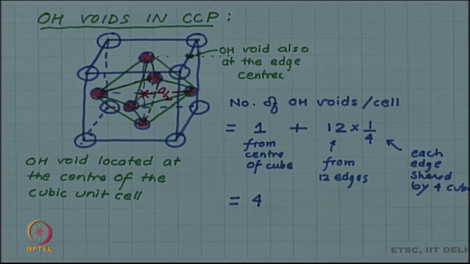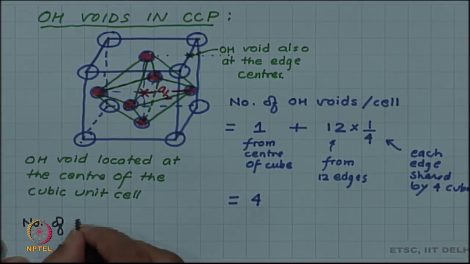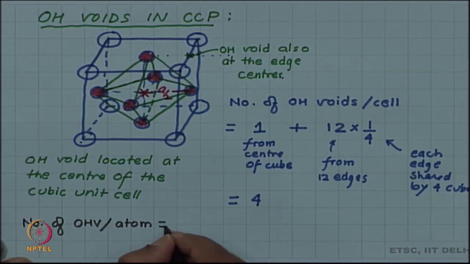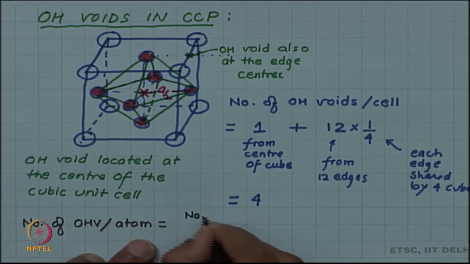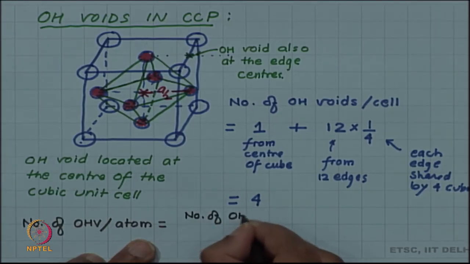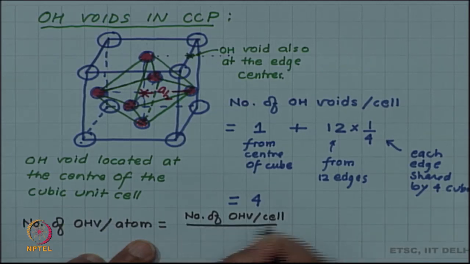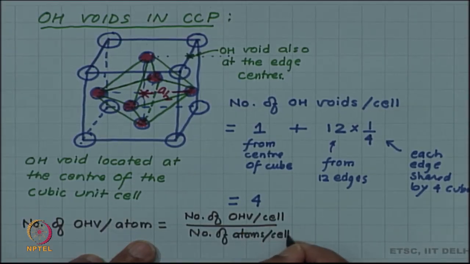So, the number of voids per atom here becomes simple. Number of octahedral voids per atom is equal to number of octahedral voids per cell divided by number of atoms per cell.